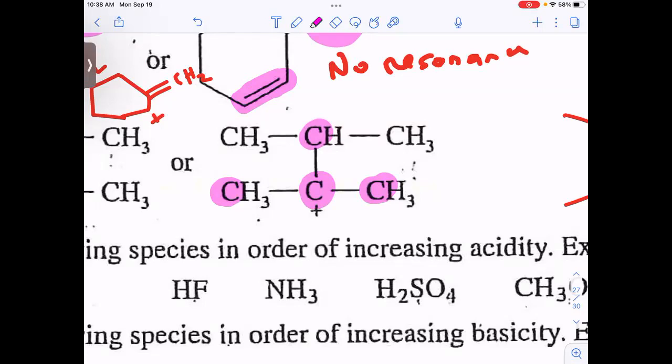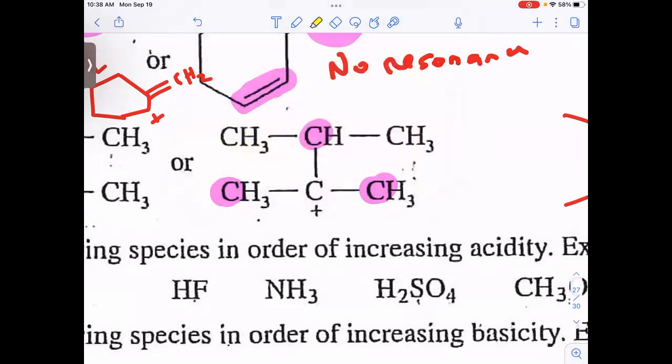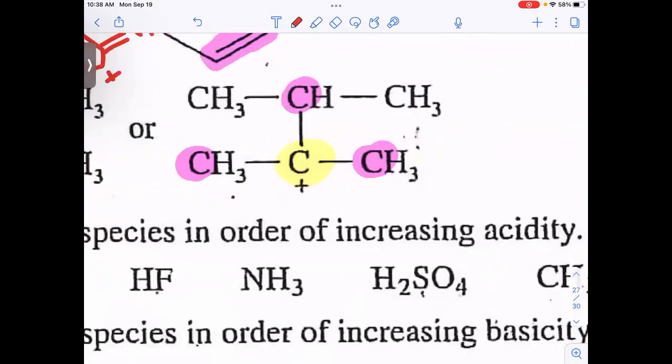The 3 carbons attached to that? Let me change the color on that one. Right, so that carbon is what? What's the bond order? Primary, secondary, tertiary, what is it? Tertiary. Is that generally a stable cation based on what we just discussed?